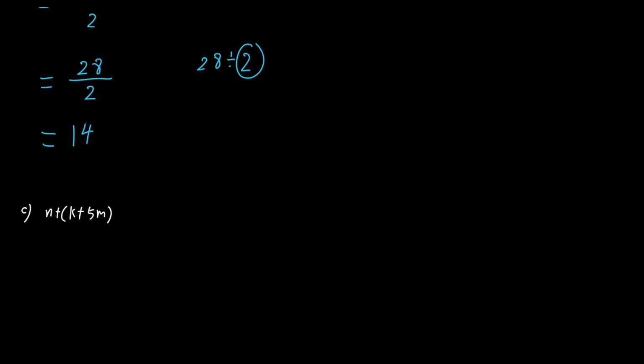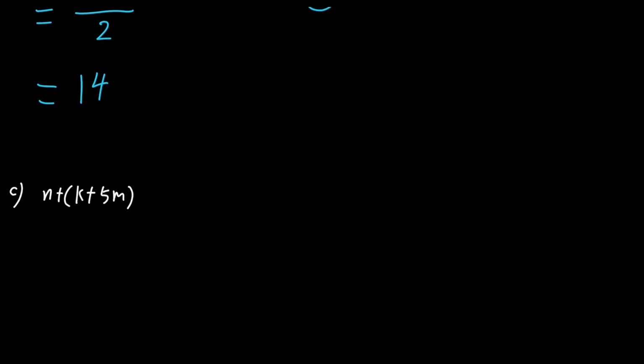Then our last one. Let's say we have k is 2, m is 7, and n is 4. We replace those values back into this algebraic expression.